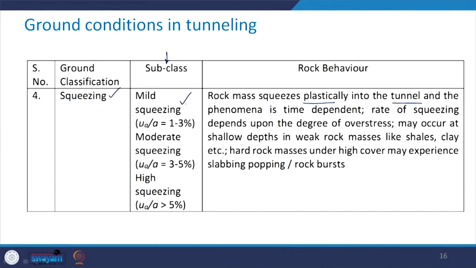In this case, UA upon A is 1 to 3%. This UA is the radial closure. Moderate squeezing is 3 to 5%. A is the radius of the tunnel. And high squeezing includes UA upon A more than 5%.